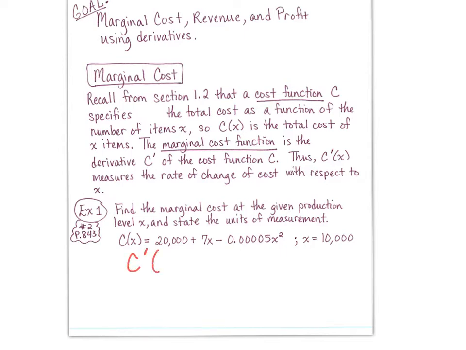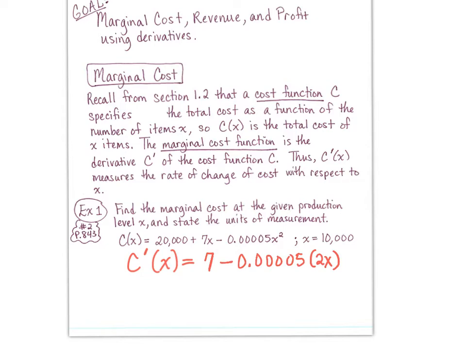C prime of x is equal to, what's the derivative of 20,000? 0. The derivative of 7x? 7. Good. And then minus 0.00005 times 2x. You'll get to the point where you won't have to write this out each time, but until you get really comfortable with it, write it out.